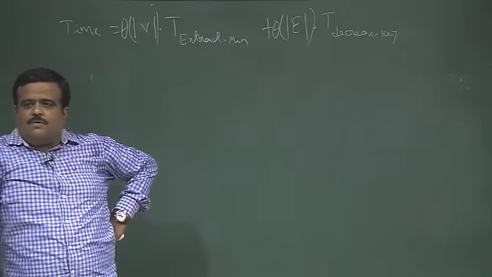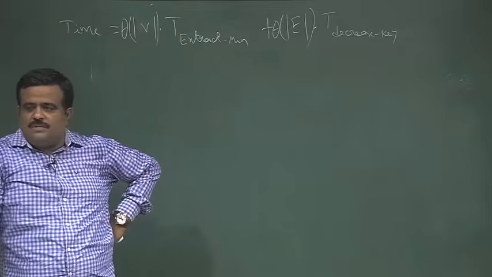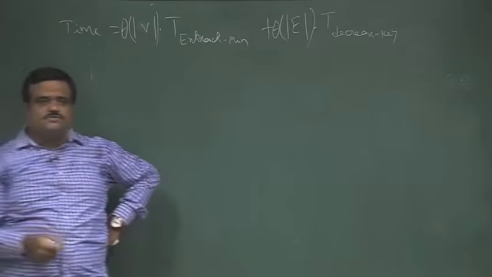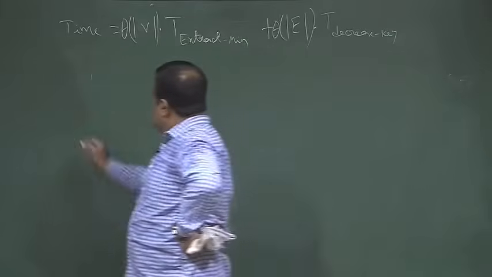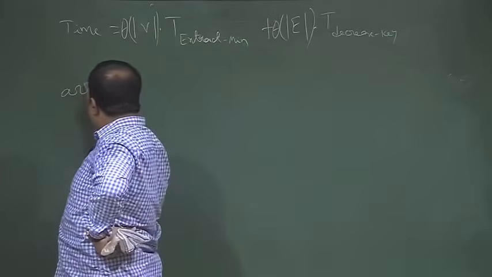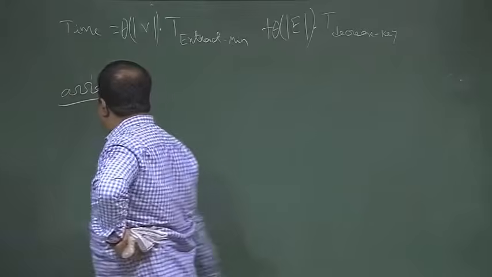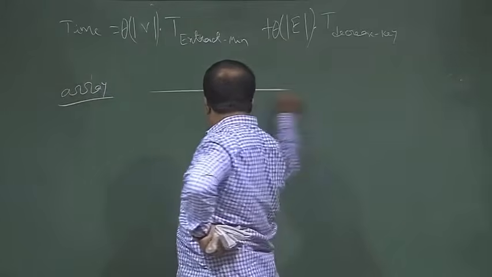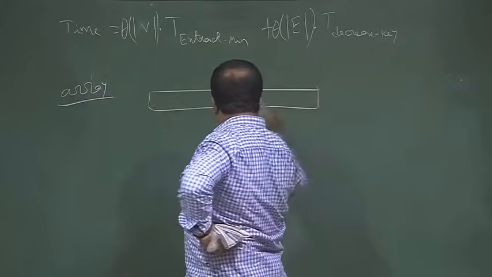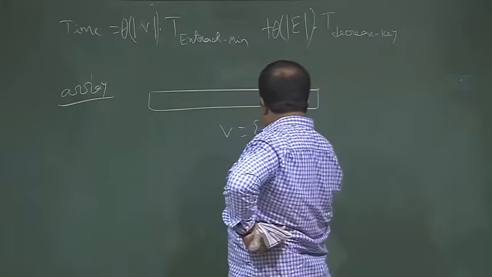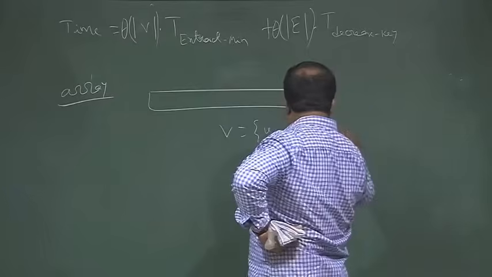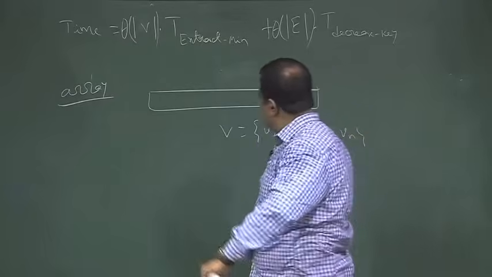Now, depending on which data structure we are using for this Q, suppose we are using an array, a simple unordered array. That means we are putting everything in it. Suppose our vertices are V1, V2, up to Vn, suppose there are n vertices.